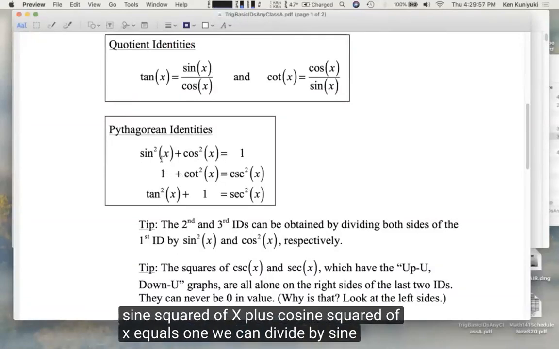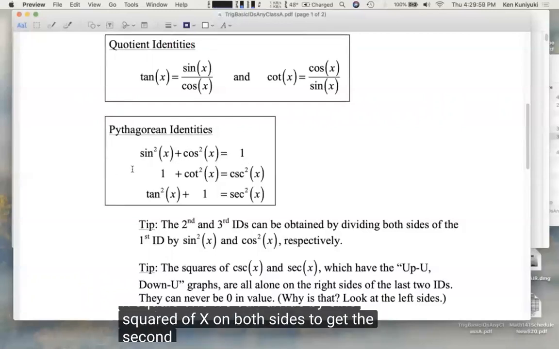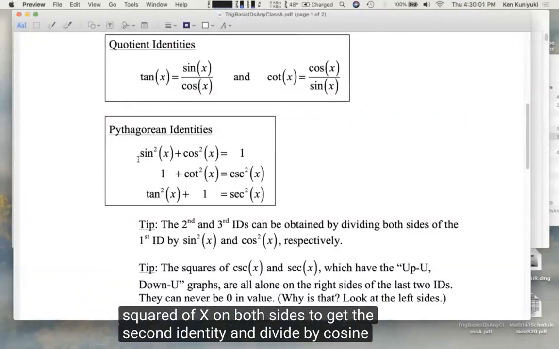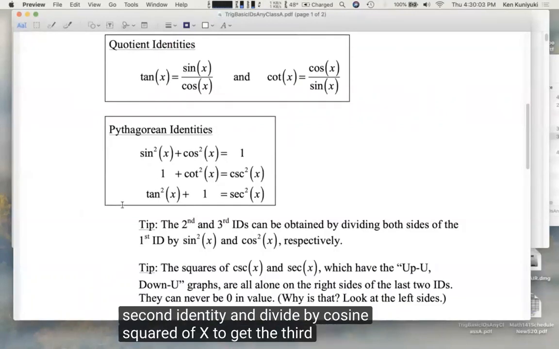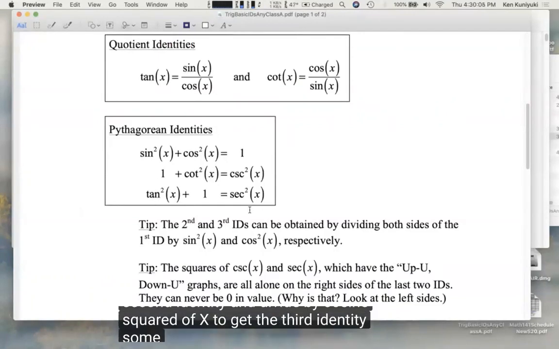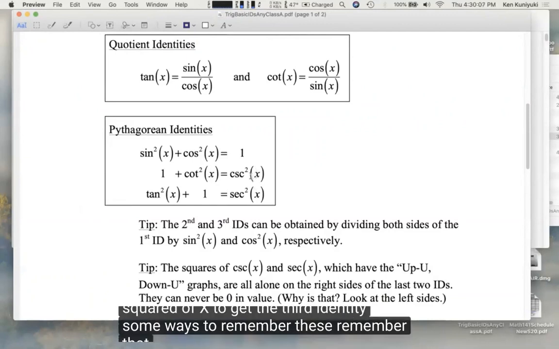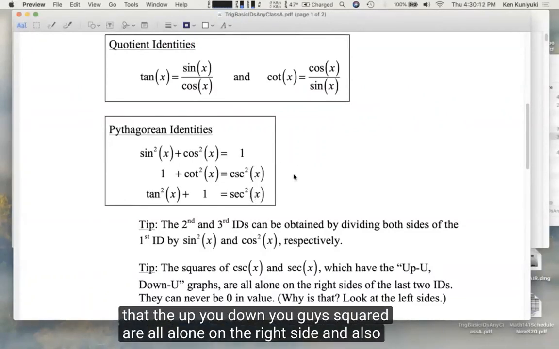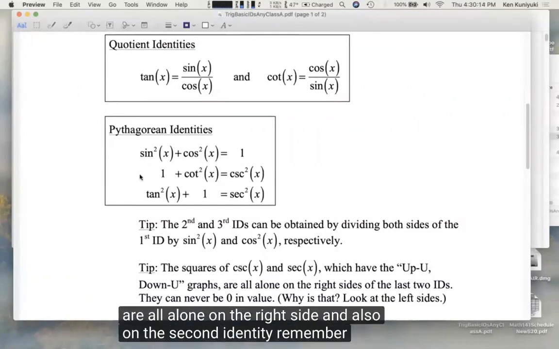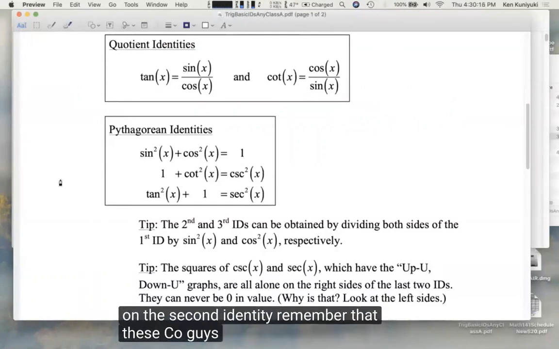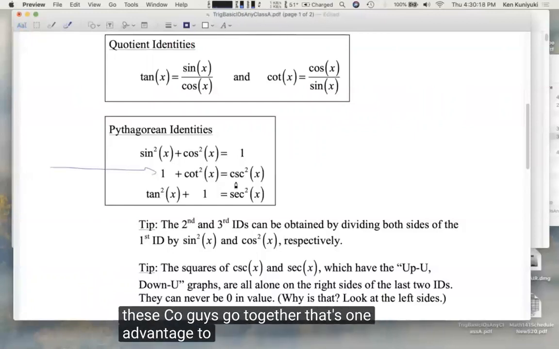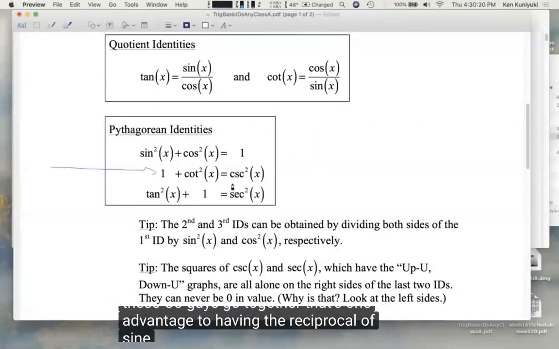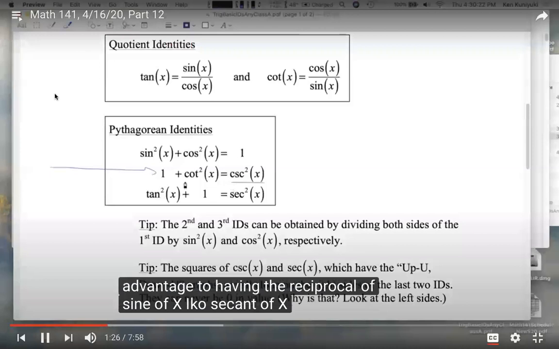We can divide by sine squared of x on both sides to get the second identity, and divide by cosine squared of x to get the third identity. Some ways to remember these. Remember that the up u, down u guys squared are all alone on the right side. And also on the second identity, remember that these co-guys go together. That's one advantage to having the reciprocal of sine of x be cosecant of x.